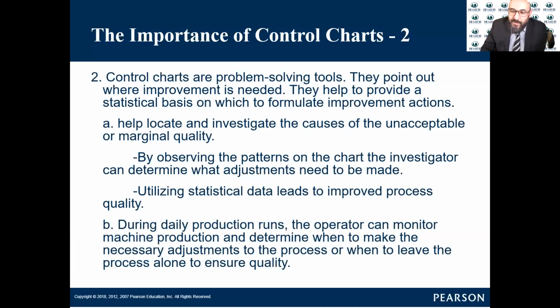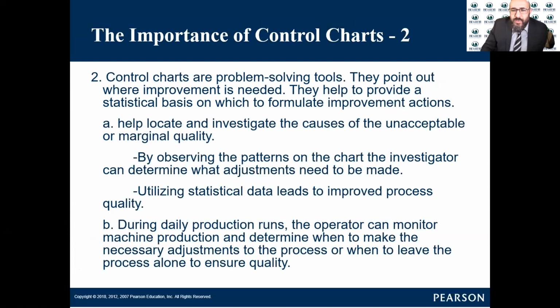The whole idea of using the control chart is to improve the process, to improve the quality, and we use it as a decision making tool. You can't just say, okay, I don't like the process because it's not good quality. You have to show that the process is out of control, and therefore you can adjust the process.